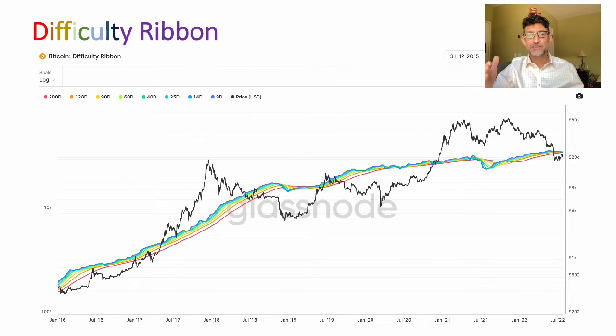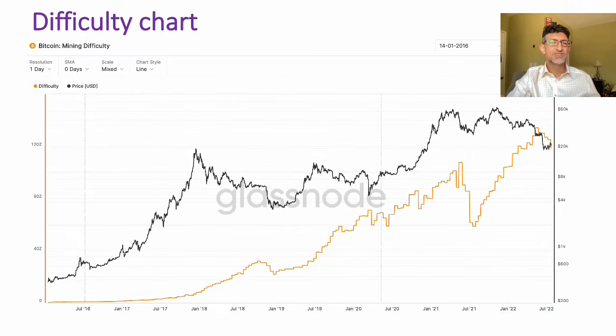But basically, the difficulty ribbon turns more bullish when you get declines in the shorter-term ribbons versus the longer-term ribbons. The shorter-term ribbons you can see in this chart are the 9-day ribbons and the 14-day ribbons. Those are the blue. When those colors decline below the longer-term ribbons, like the 200-day ribbons, that becomes bullish.